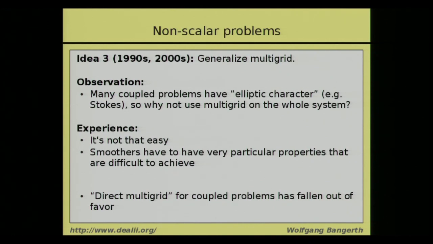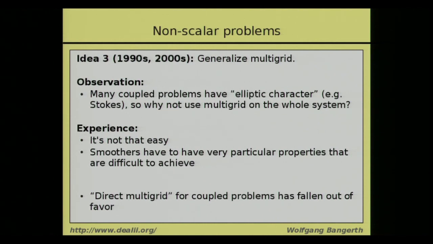Now, if you think, for example, of Stokes, it certainly has an elliptic character. It is a coupled problem where the solution everywhere is affected by the right-hand side everywhere. So it is an elliptic kind of problem. So why not use multigrid on the entire system, on the coupled system?